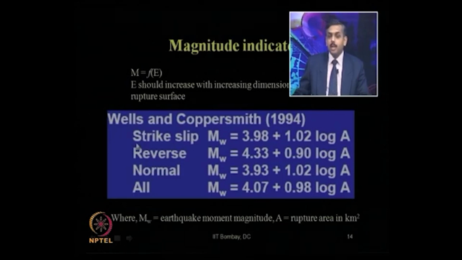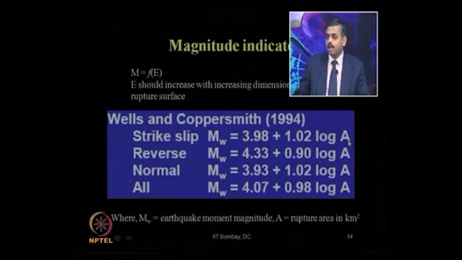So, what are the equations they proposed for all over the world? They mentioned that for a strike slip type of fault, MW, the earthquake moment magnitude, can be calculated if we know the fault rupture area in kilometer square unit in this empirical relation.